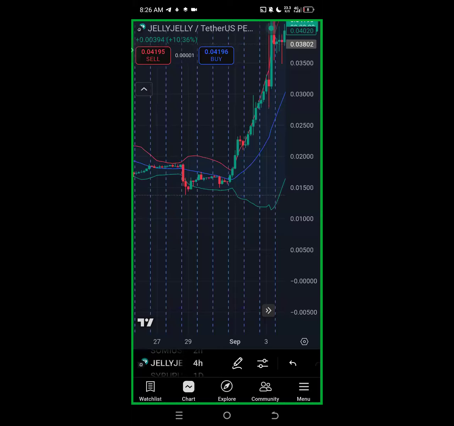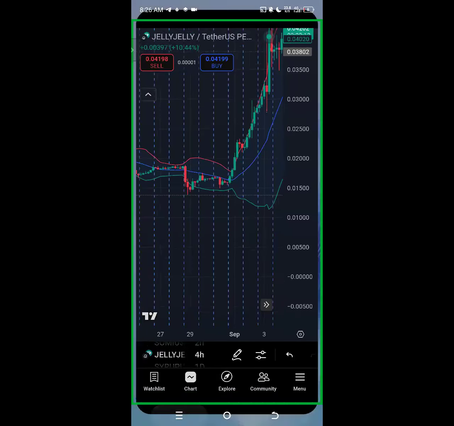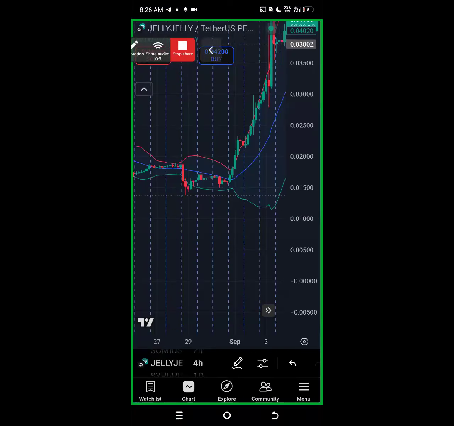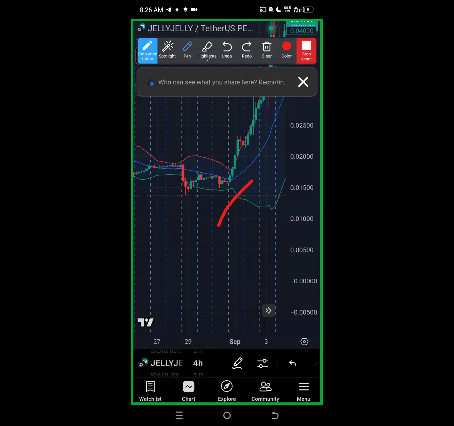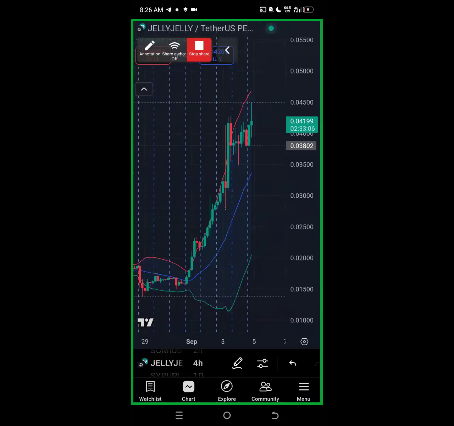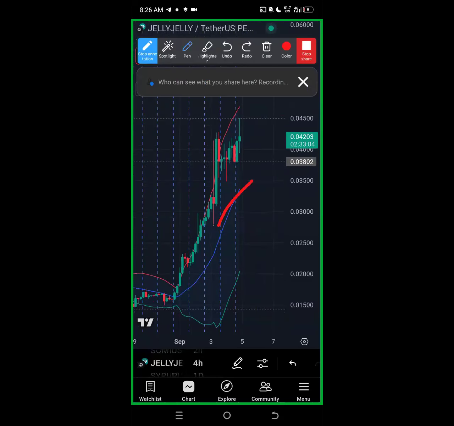The other thing you need to know is that once the price touches the upper band, like I told you earlier, that is a point where traders will want to take profit. They will want to sell, especially if the price is around this area. This is the upper band.